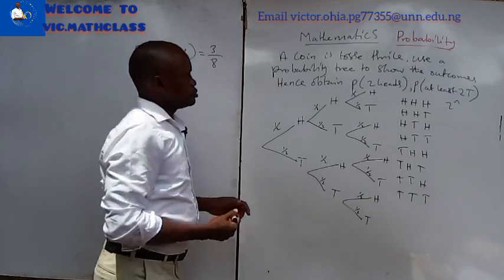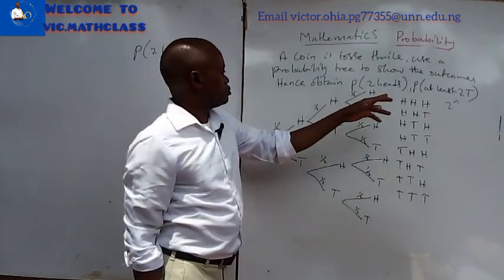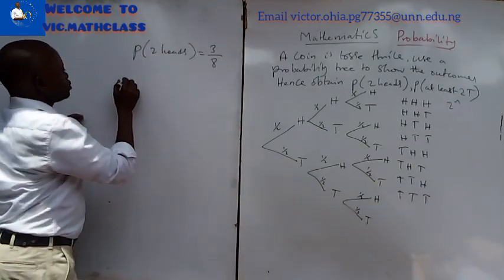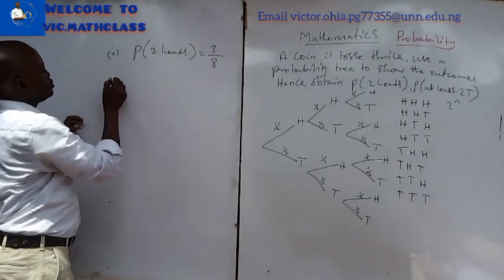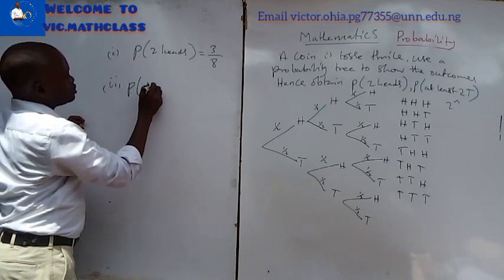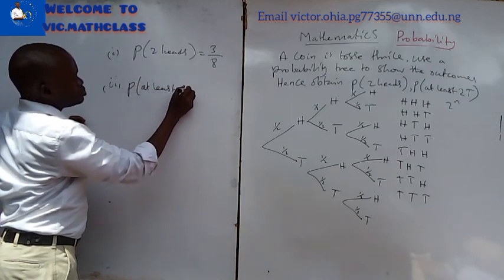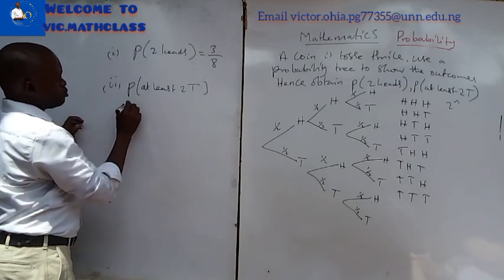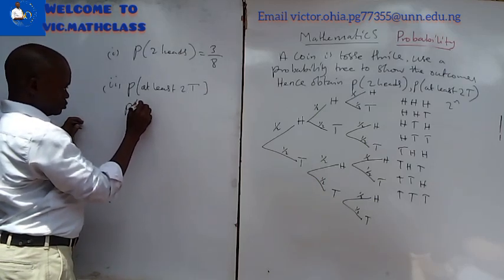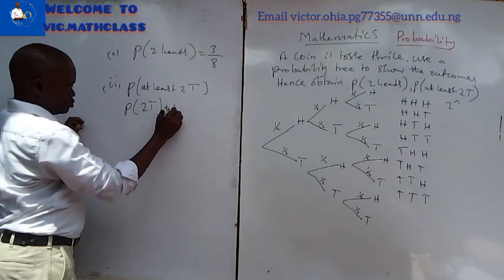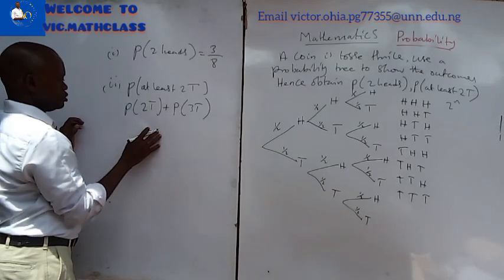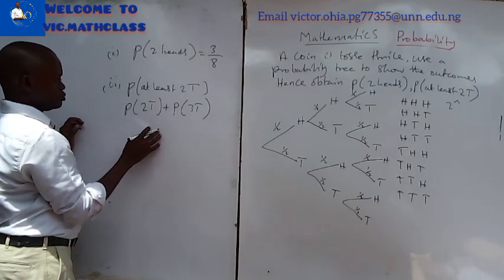Okay, what again? At least two tails. This is the second one. P of at least two tails will be the probability of two tails plus the probability of three tails, because we have three tails occurring there.